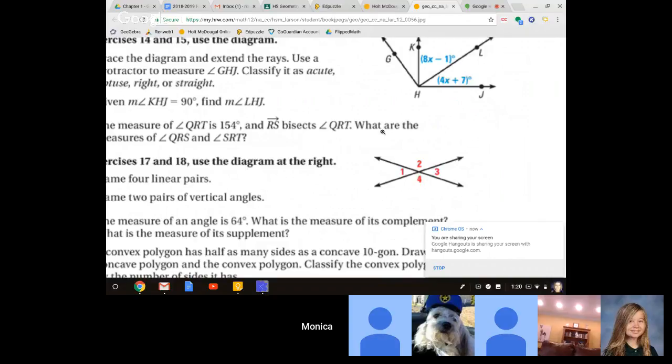And they make a line, so they would be a linear pair. Angle 1 and 2 would be a linear pair, right? Yes. And then do you see 2 other ones? 1 and 4, and 3 and 4. Yes. Does that help? Yes.